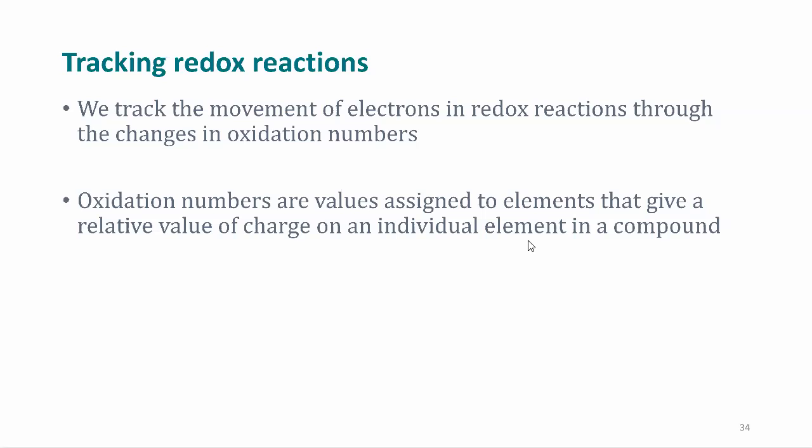So regardless of whether we are looking at an element as just itself, or as an ion, or in a larger compound, that element is going to have an oxidation state, an oxidation number, a particular charge on it.